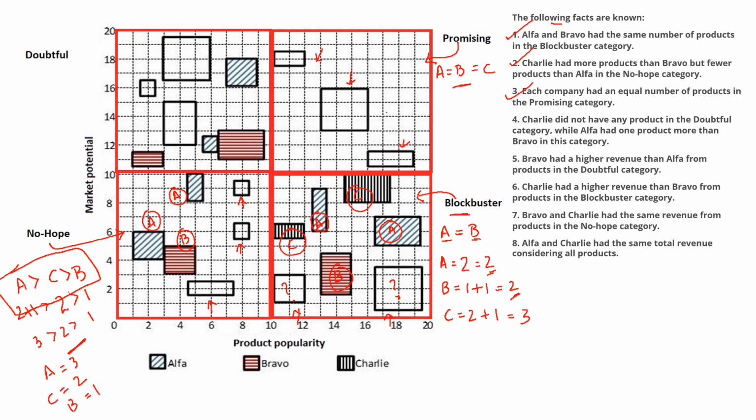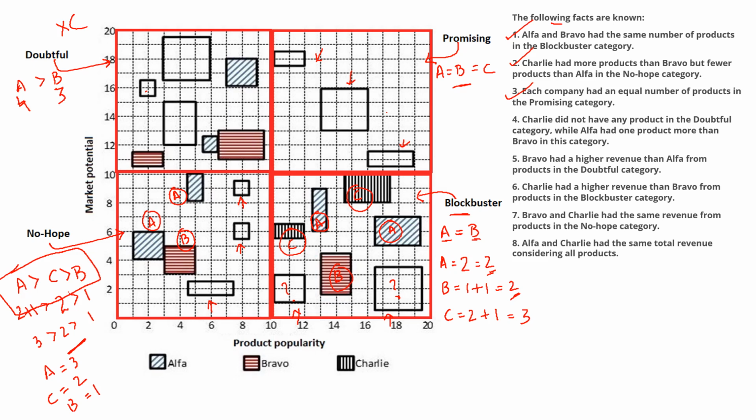Okay. Now come to the fourth point. It is saying that Charlie did not have any product in the doubtful category. In the doubtful category, there is no Charlie product. That means no product belongs to C company. And Alpha had one product more than Bravo. Since there are 7 boxes, the only possibility is that this should be 4 and that should be 3.